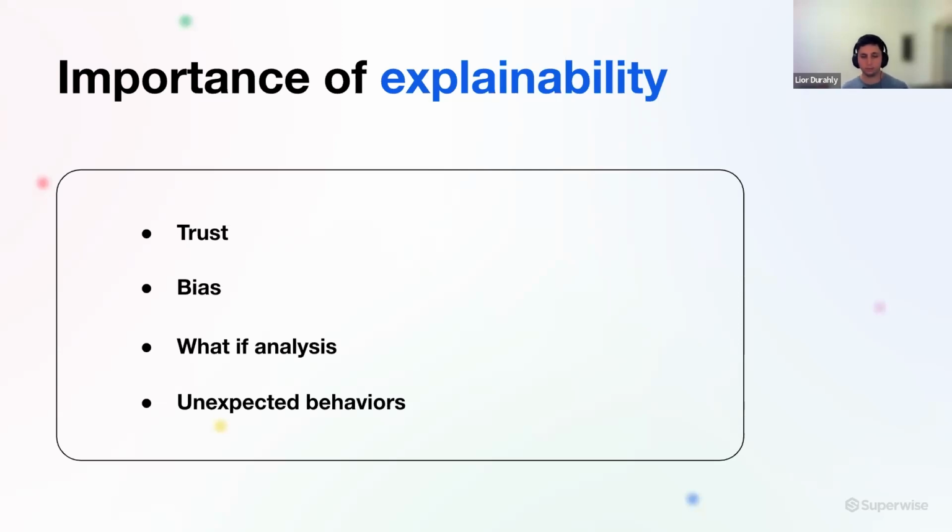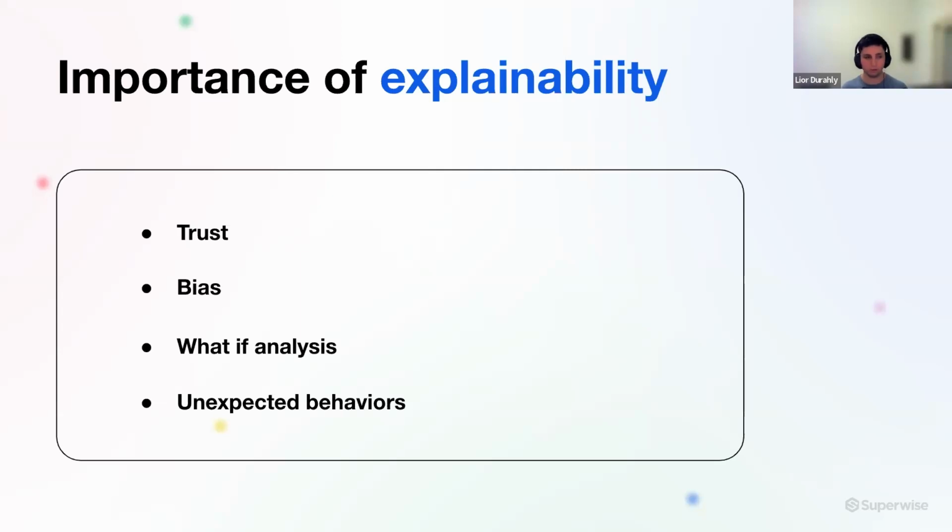But then if someone gets disapproved, he will ask why your model disapproved me, and we cannot tell him yes, because you did X, Y, Z, and we want something else, so we cannot approve you.